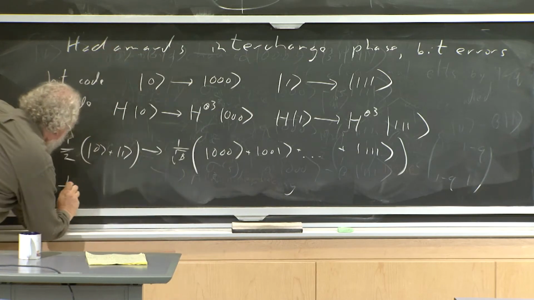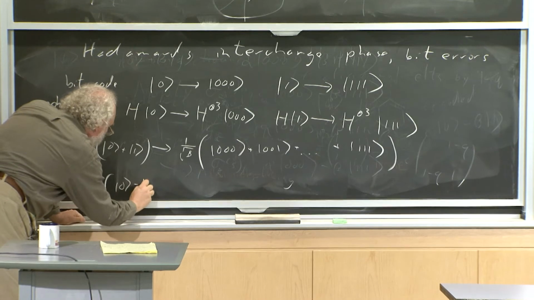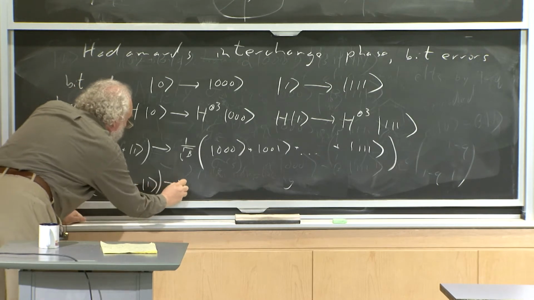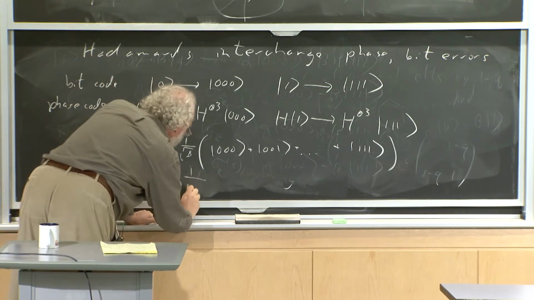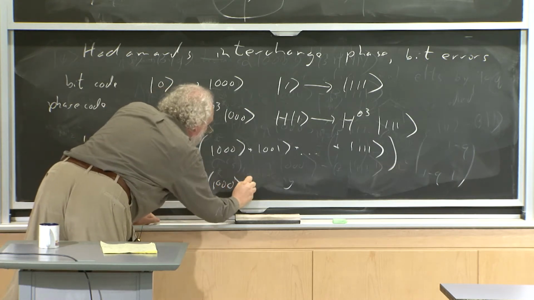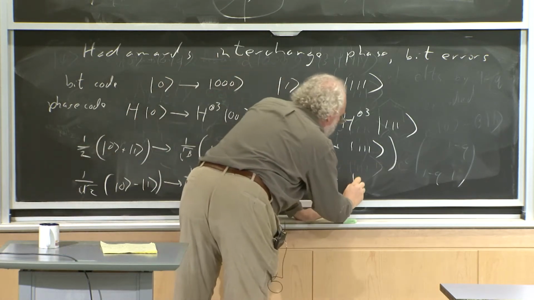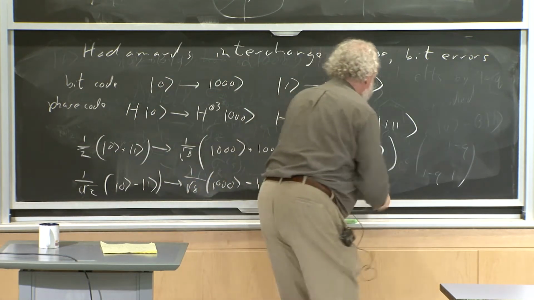And 0 minus 1 over root 2 goes to 1 over root 8 of 0,0,0 minus 0,0,1 through minus 1,1,1.